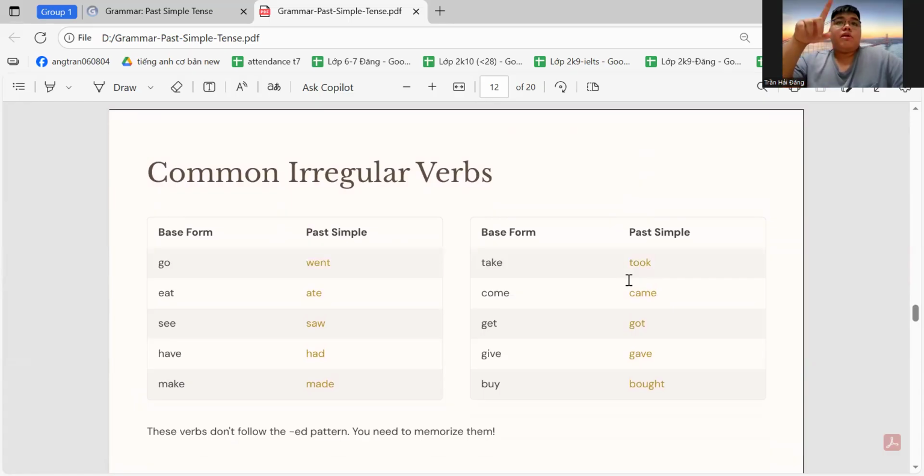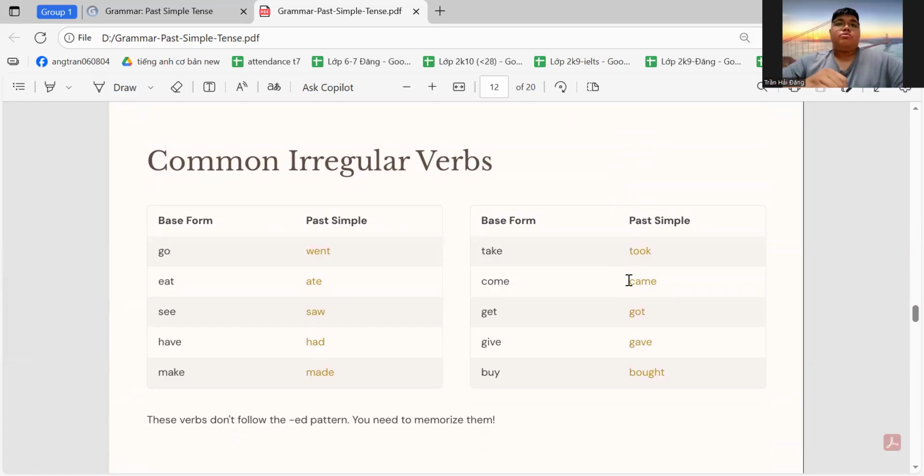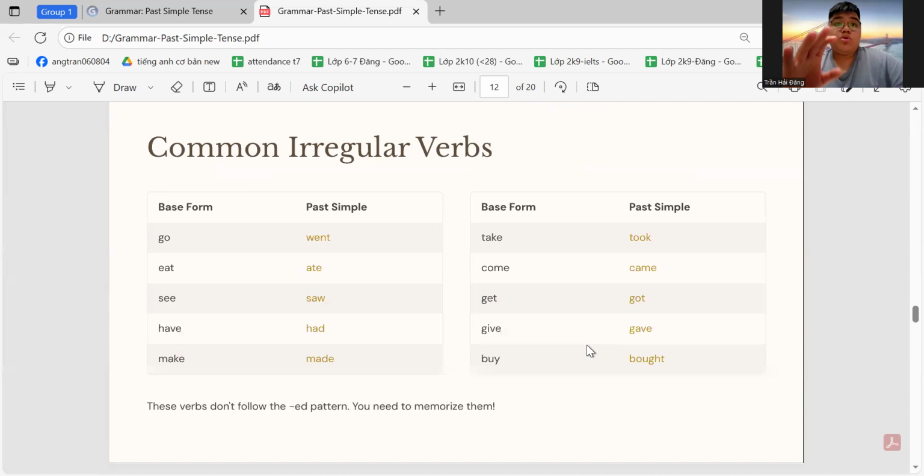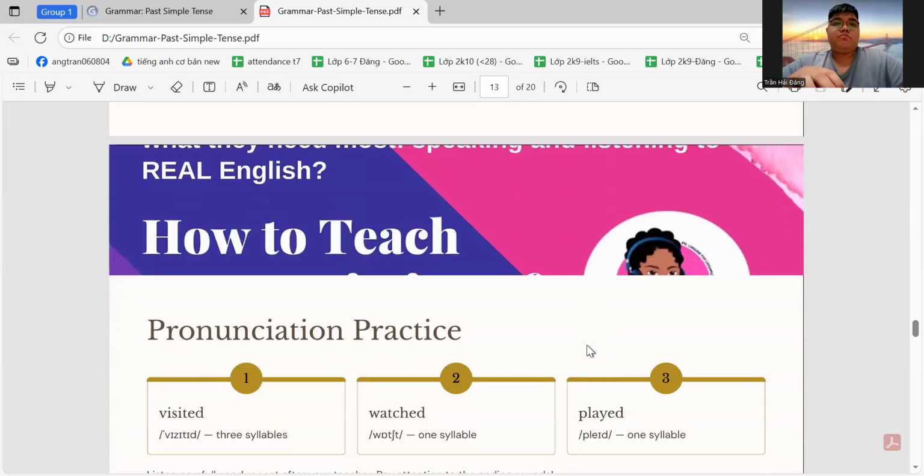We have some common irregular verbs, like go will be went in the past simple, or take will be took. So you have a little time to look at it, like 1 minute. These verbs don't follow the ED pattern. You need to memorize them, right? I said you need to memorize them.